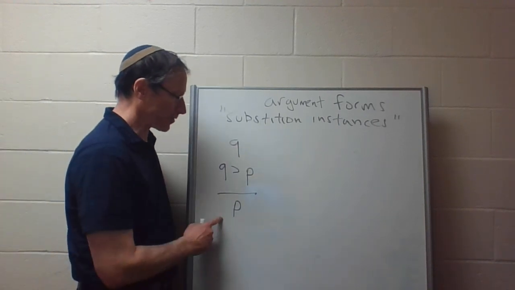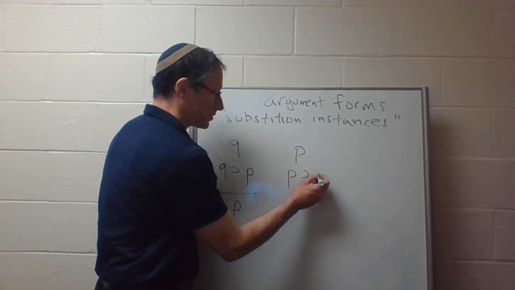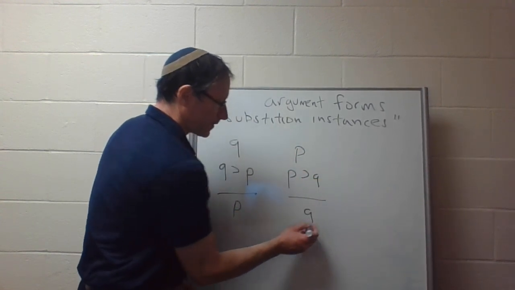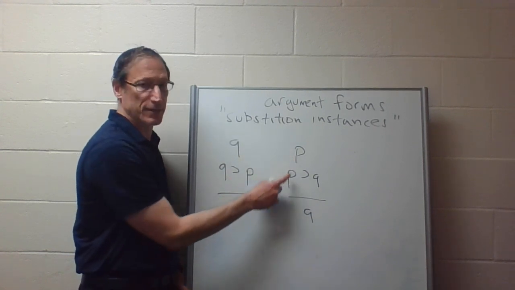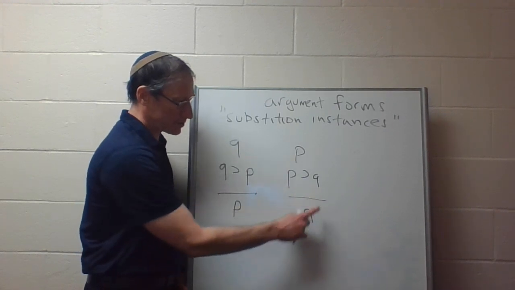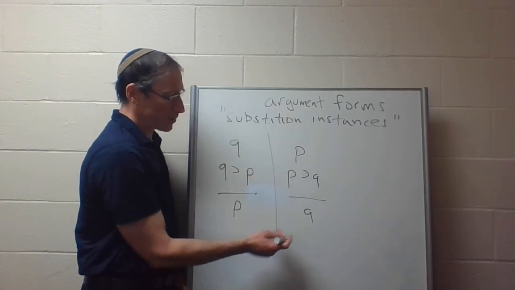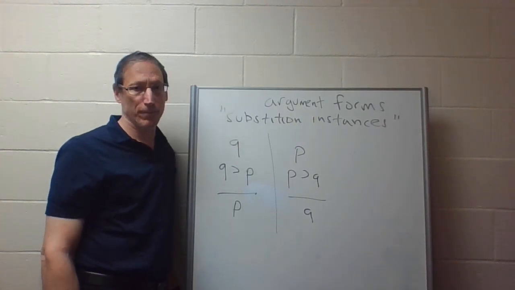This is still a valid argument form just as much as P horseshoe Q, P, therefore Q, right? The point is you have a conditional, and then you have the antecedent of that conditional, and then you infer the consequent. So both of these are examples of the same argument form.